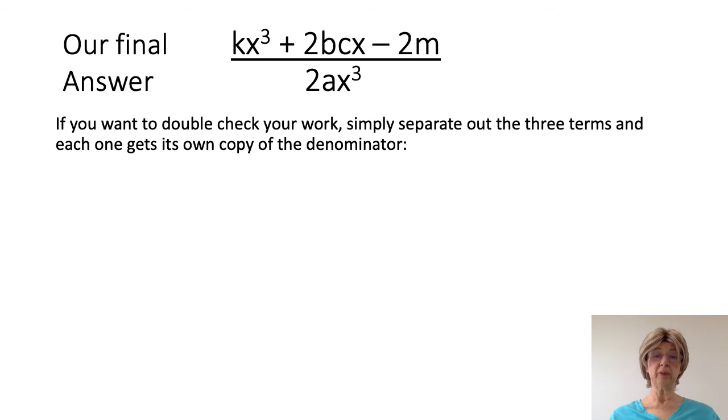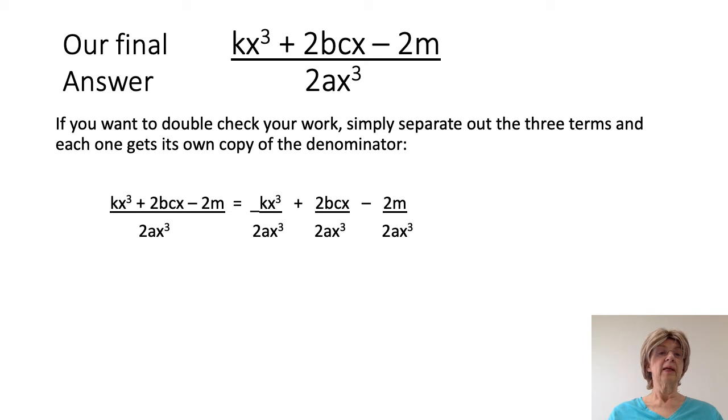If you want to double check your work, simply separate out the 3 terms and each one gets its own copy of the denominator, like this. Kx cubed plus 2bcx minus 2m over 2ax cubed equals kx cubed divided by 2ax cubed plus 2bcx divided by 2ax cubed minus 2m divided by 2ax cubed.